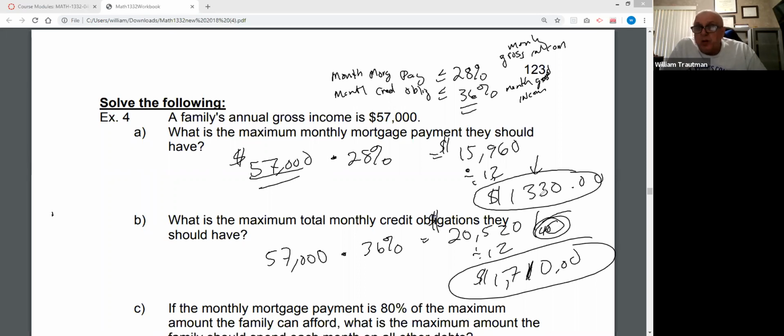If your car payment and loans on your furniture add up to more than $400, once again, they're not going to give you the loan. So that's how you qualify to buy a house. They check all these things and verify that you can afford it. If it doesn't match with these numbers, they won't give you the loan.